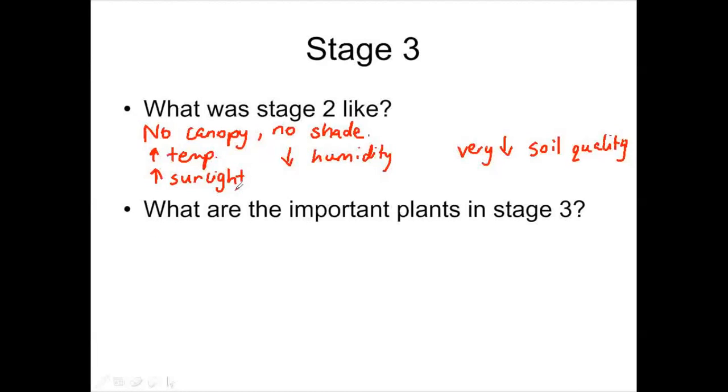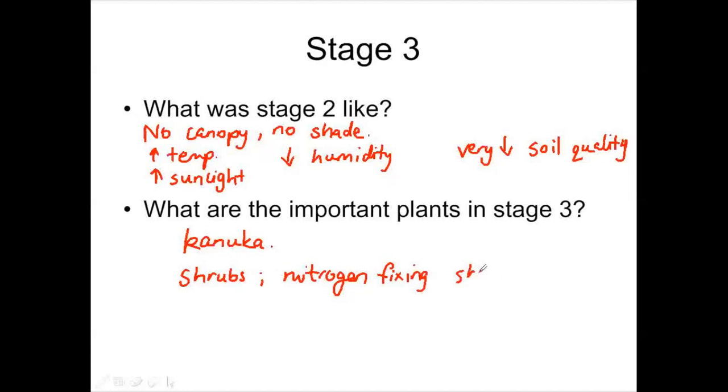What are the important plants in stage 3? The important plants in stage 3, of course, are the Kanuka. We'll go over that very shortly. The other plants which are important are shrubs, especially the nitrogen fixing shrubs.